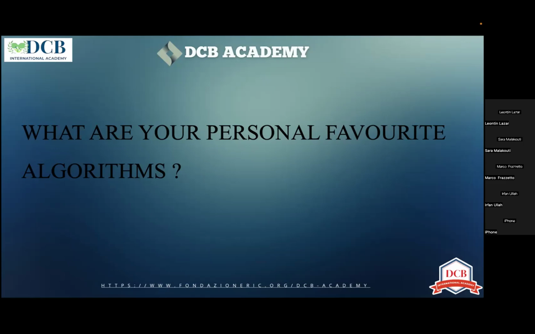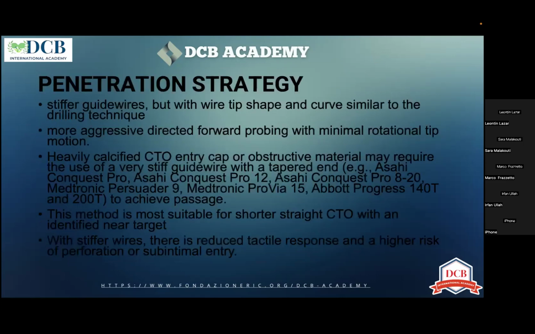Usually there are some operators who escalate the wires, for example, the Gaia wire. They escalate from Gaia 1 to Gaia 2 to Gaia 3 or Gaia Next, and so on. My personal algorithm is I usually try to use an Ultimate Bros, for example, or Fielder XTA. And I usually escalate 2 or 3 wires directly.